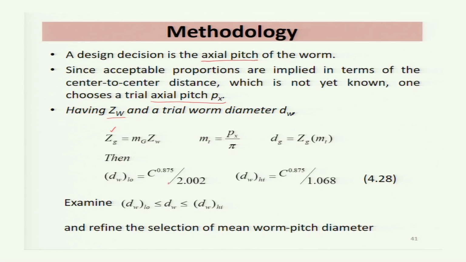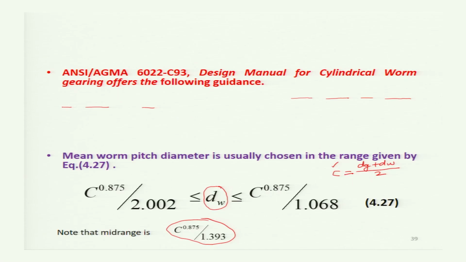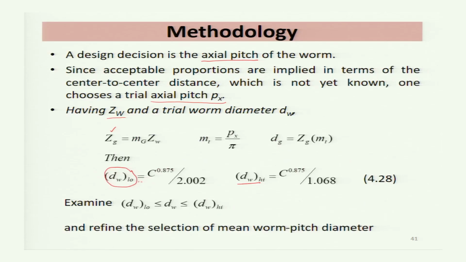Then the lower range of dW will be this and the higher range of dW is this, from this formula. This is the lower value of dW, this is the higher value of dW. So we get the higher and lower value and we can select a value of dW in between this lower value and the higher value.